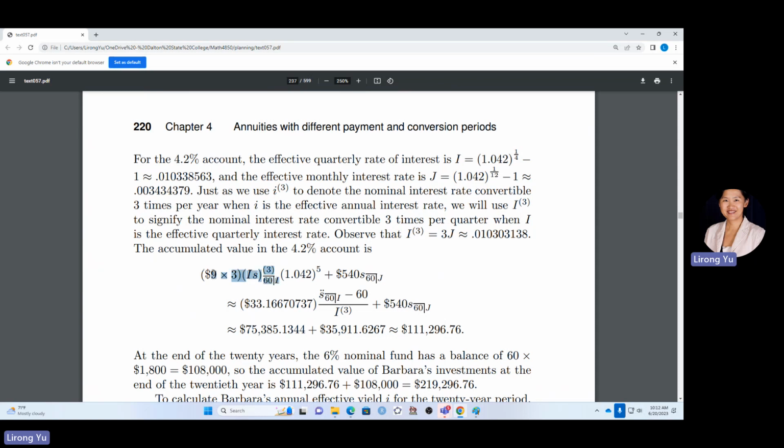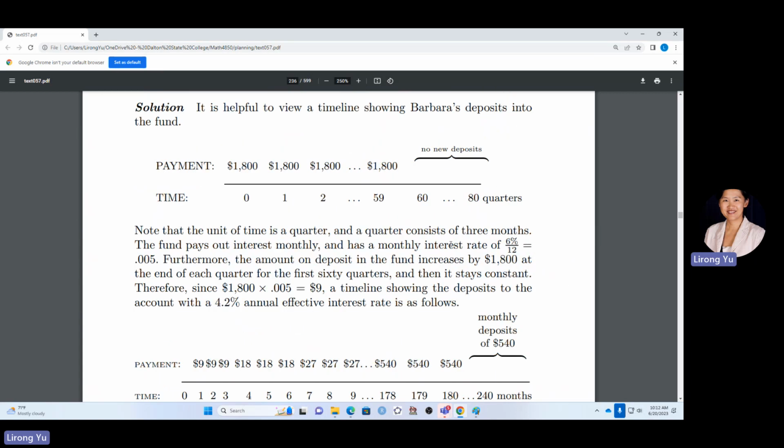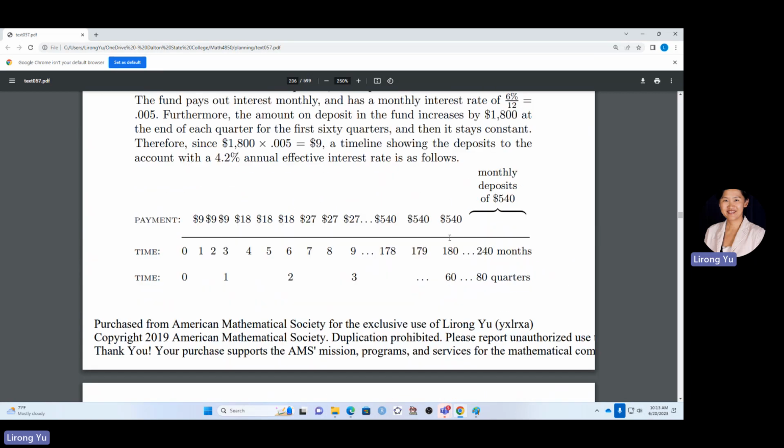And then this is a calculation that gives us the future value. IS is increasing payment, the S is a cumulative value of increasing payment. So this calculation allows us to get the future value at time 180, or you can also say at time 60 quarters. So that's the future value at this time point.